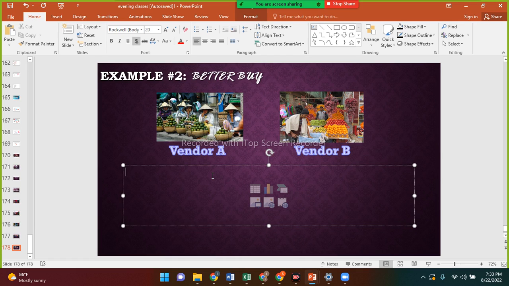So fruit vendor A, say, sells, instead of oranges, let's say, avocados.